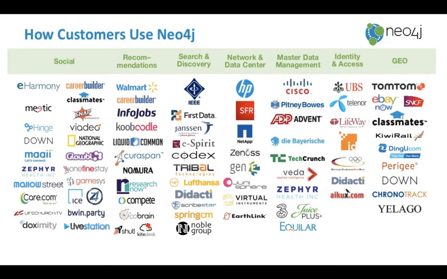IAM, Identity and Access: Telenor, UBS. So you can see multiple companies are using Neo4j for different kinds of purposes, whether it's a recommendation system, search and discovery, or identity and access.